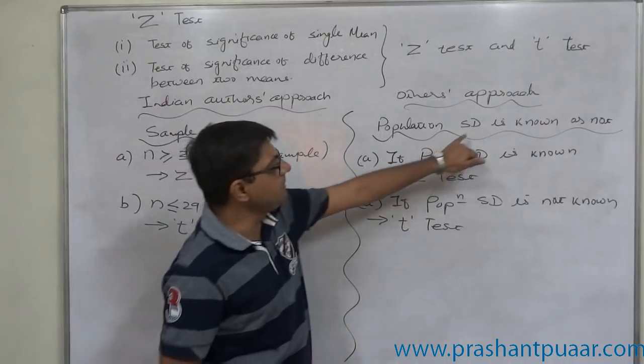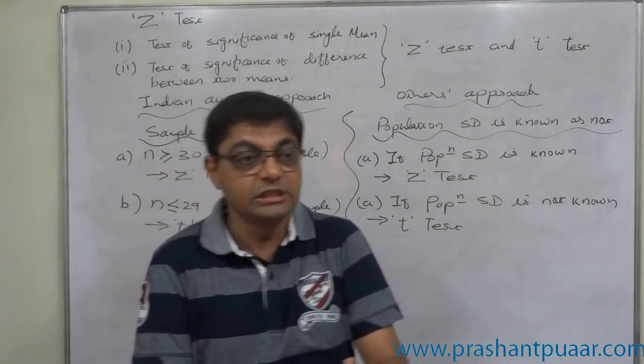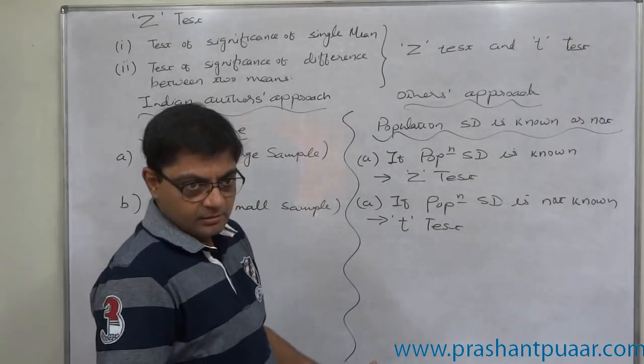Then how can we believe in the population standard deviation or population variance which is known or available in various statistical data?